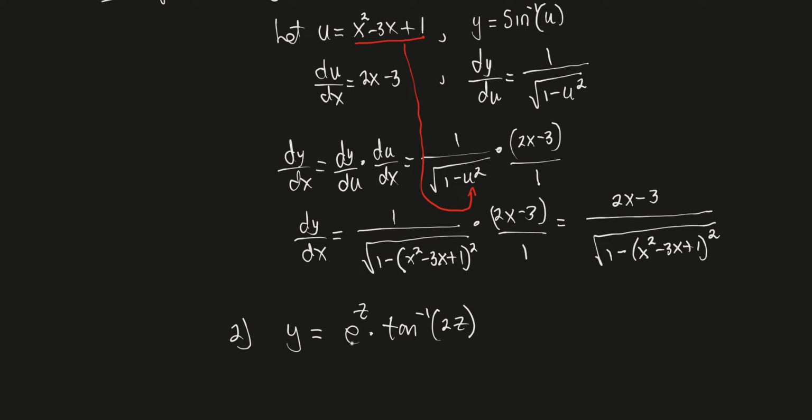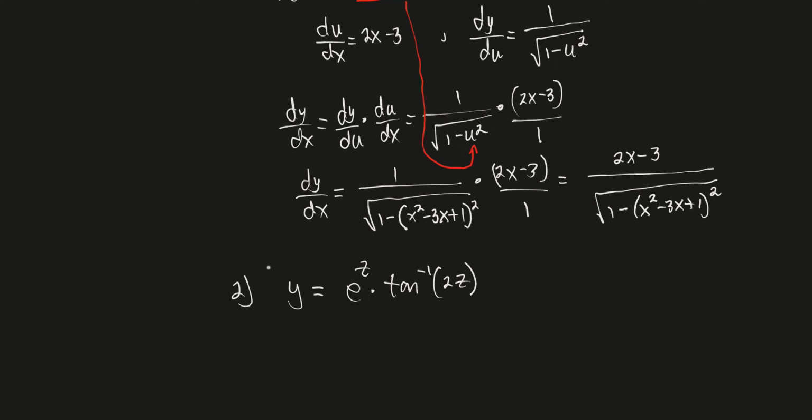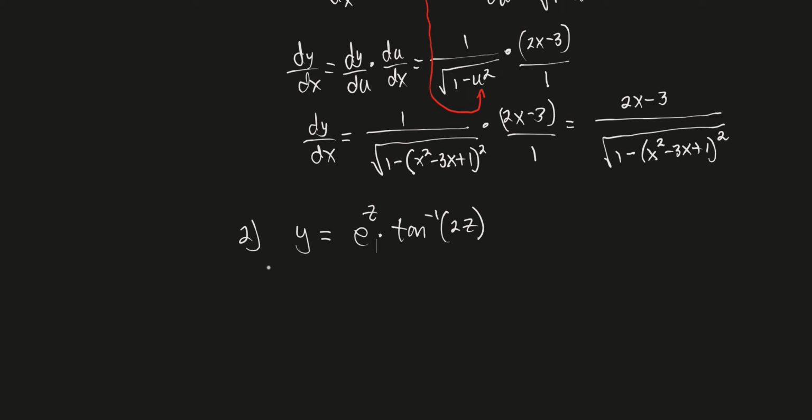That way we don't get fixated on x, but we pay more attention to the functions and the operations, and then what rules are needed to find the derivative. So we need a product rule for sure, and we're also going to need the chain rule, because again, there's another composite, because it's arctangent of 2z.